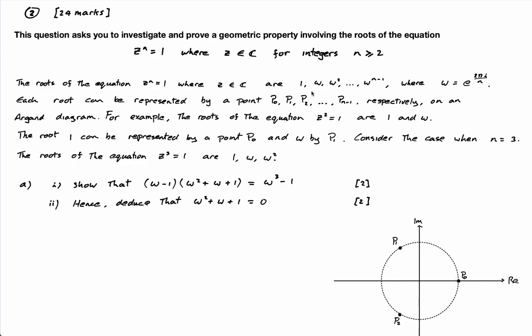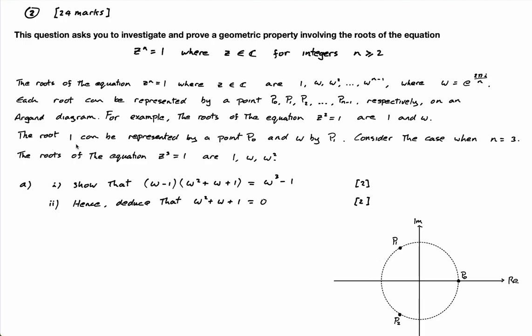Let's just focus on what they're asking for part A. So each root can be represented, as we said, P0, P1, P2, P3, P4, P5 on an Argand diagram. For example, the roots of z squared equals 1 are 1 and omega. So that would just be this, and P0 would be here, and P1 would be here, which would be omega.